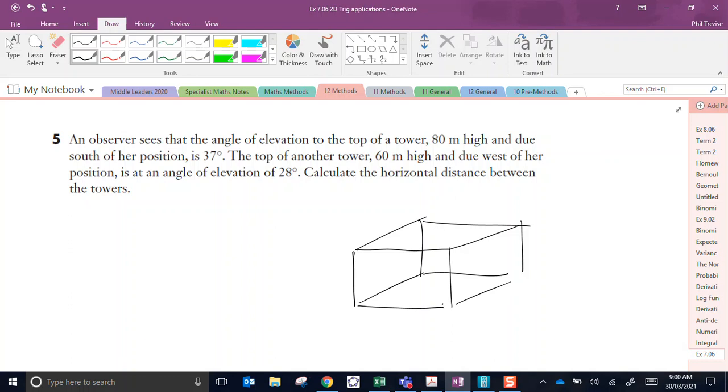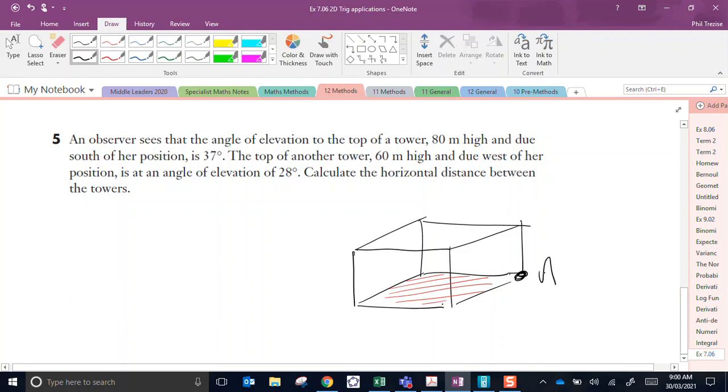Now, the shape down here at the bottom, this is the ground, and I need to pick a location for my person. So because we're talking south and west, I might pick this corner here as where my observer is located.